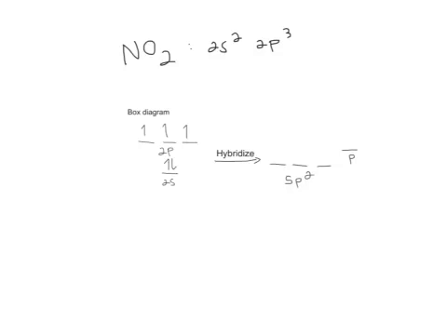So what we're going to do is hybridize these ones. And once we bring it over here, it's going to look like this. And we're going to have our 1 p orbital filled with that one here. And nitrogen over here is in its ground state, and this atom will not get excited, so there will be no excited state for this one.